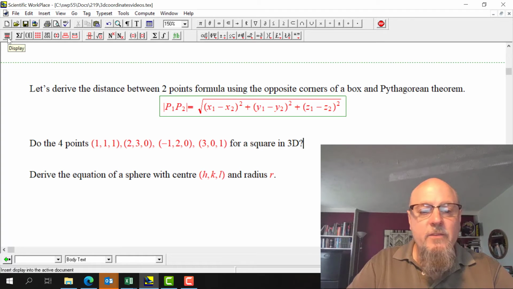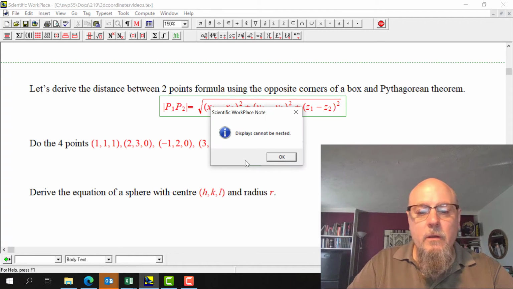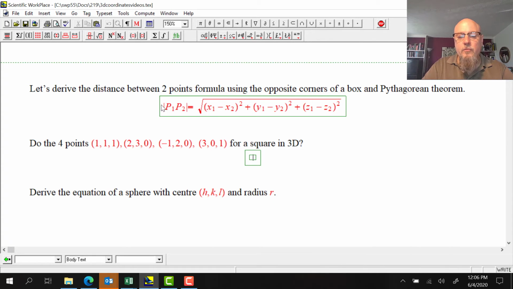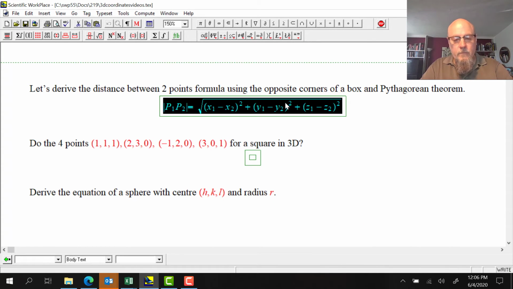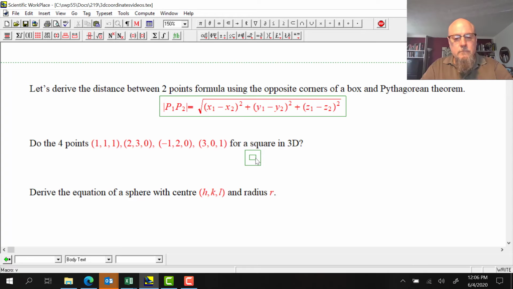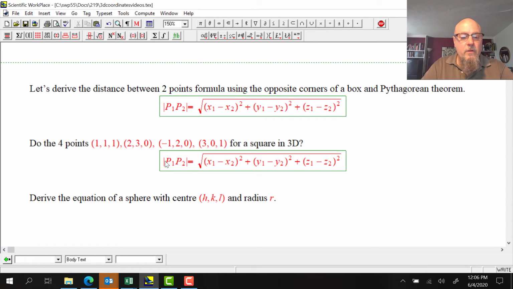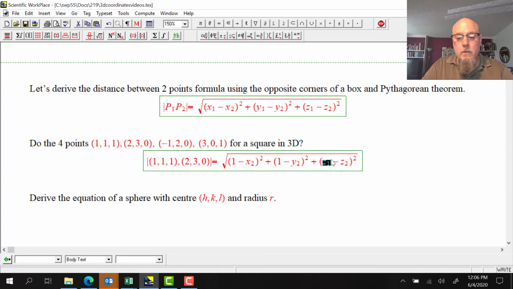So let's find the distance between the first 2 points, as one of the 6 examples. The points are 1, 1, 1 and 2, 3, 0.